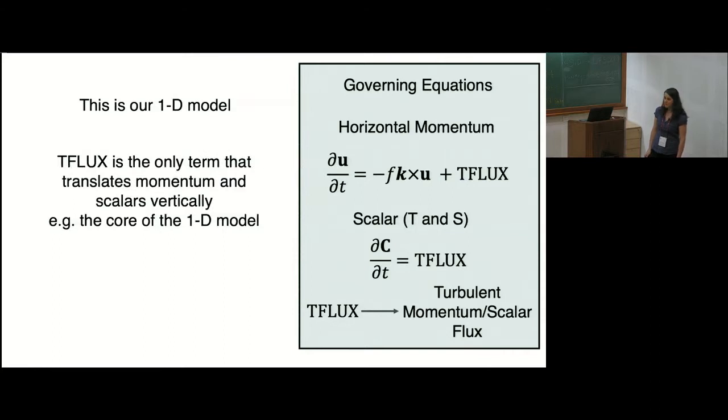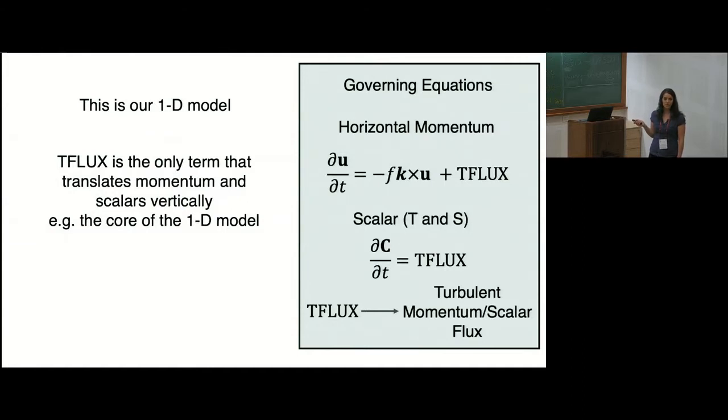What's interesting about these equations is that this is a 1D model, so we care about information going up and down. The only term in this equation that cares about that is this T flux term. It's the turbulent flux of momentum or turbulent flux of scalars. So this actually ends up being a really important part of our 1D model.